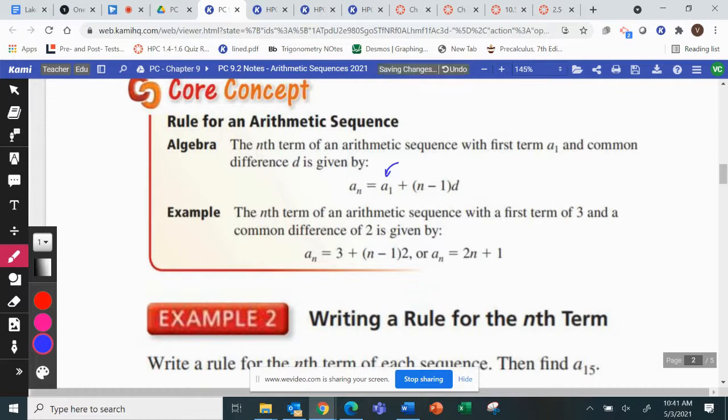What's a sub 1? Lydia, what's a sub 1? The first term of the sequence. Yep. First term. And then we've got n minus 1. What's n?